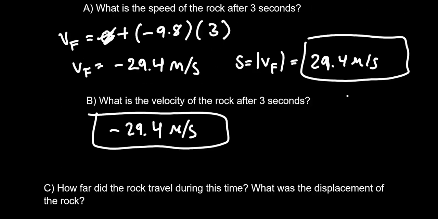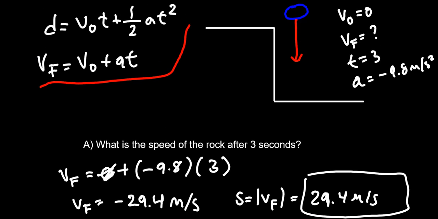One of the most essential equations in physics is this equation: d equals the initial velocity times time plus 1/2 acceleration times time squared. The time squared is there because acceleration is measured in meters per second squared, while for velocity it's just time, because we measure in meters per second.